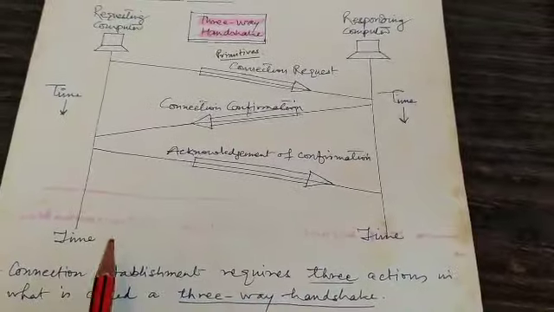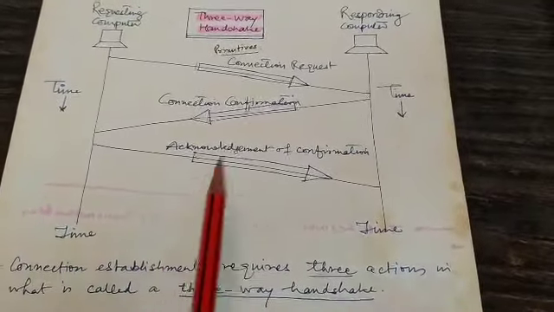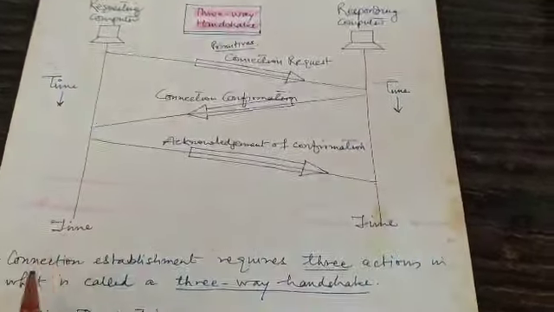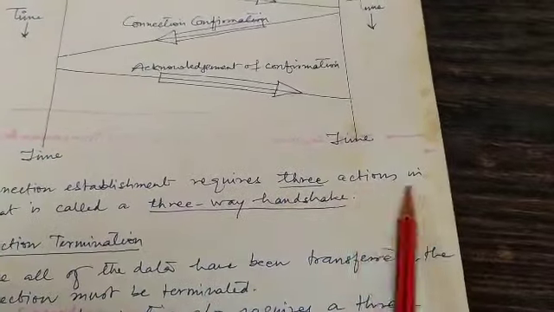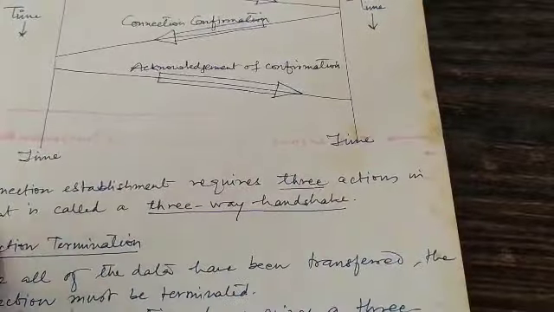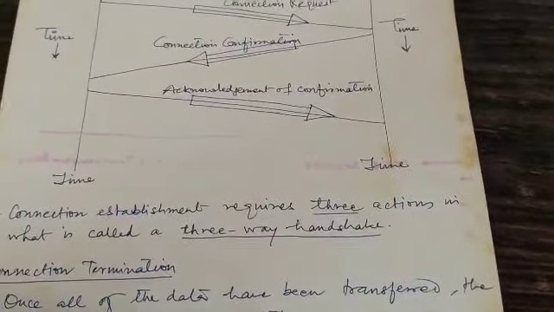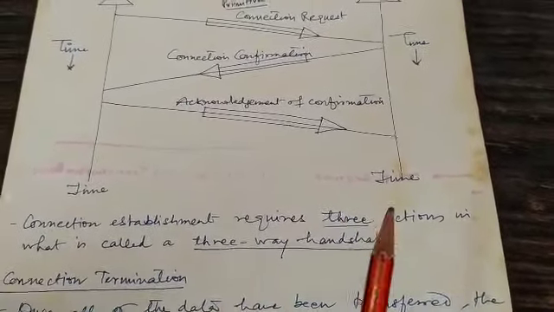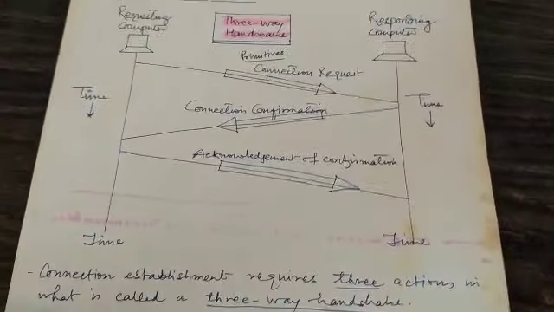This is how the connection is established by means of these three primitives, and that is why this protocol is called the three-way handshake protocol. The connection establishment requires three actions in the three-way handshake protocol. So this is how a connection is established.